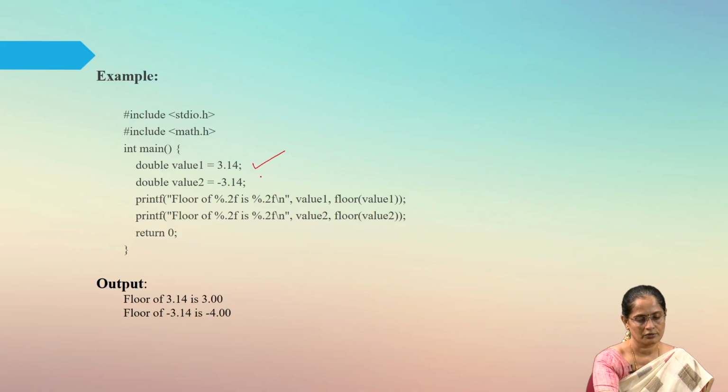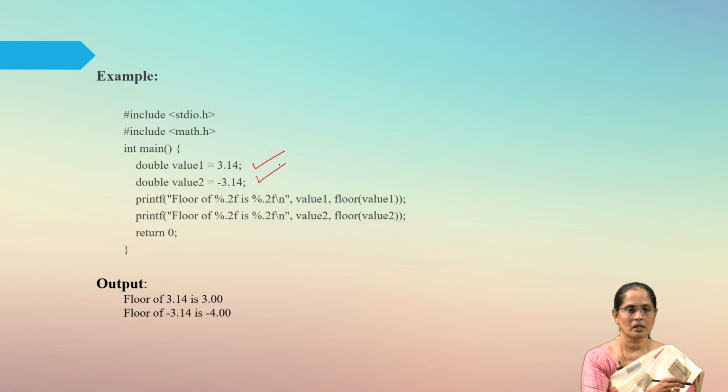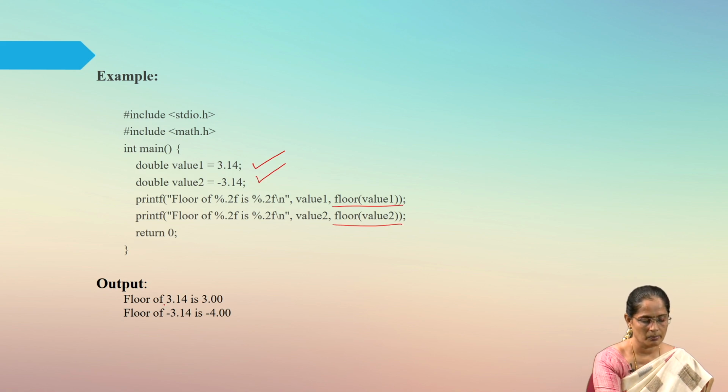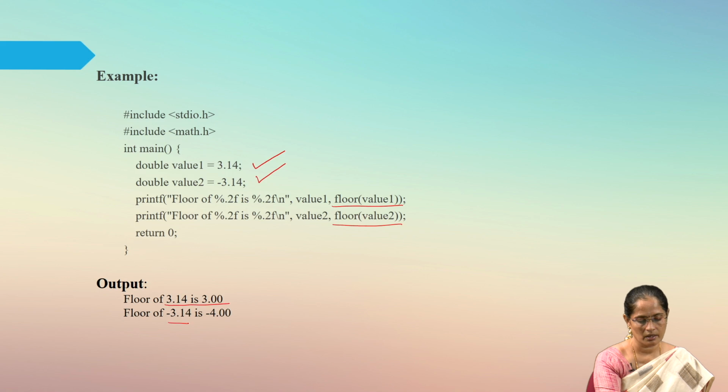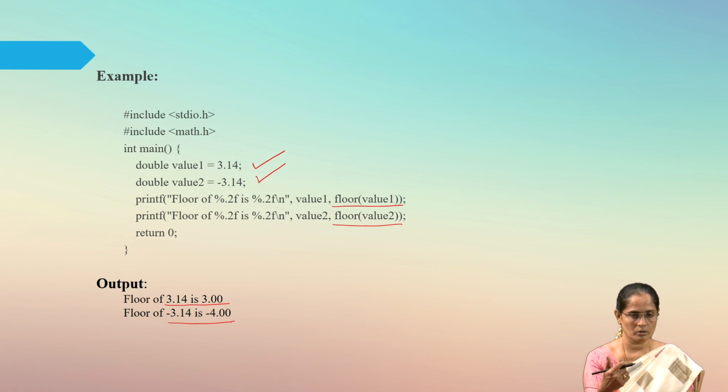Here also we use two values of double type, 3.14 and minus 3.14. If I apply the floor function for value1 and value2, 3.14 will be rounded to its lower integer which is 3.00, and since it is a negative value, it is going to be rounded to its lower value, which is minus 4.